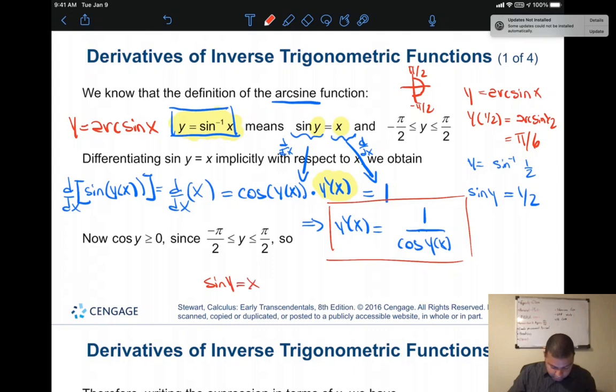So if I draw a right triangle, I call this angle y. The sine equals the opposite over the hypotenuse, and that's x over 1, right? That's just x. So I can say that the opposite is x and the hypotenuse is 1. And the bottom side here is unknown to me.